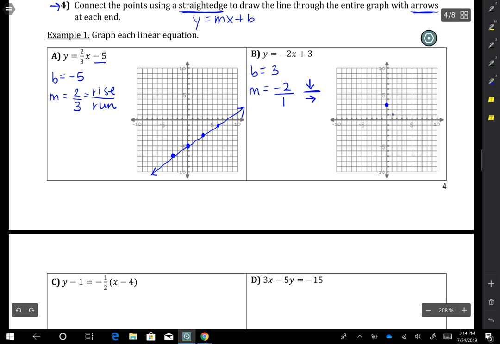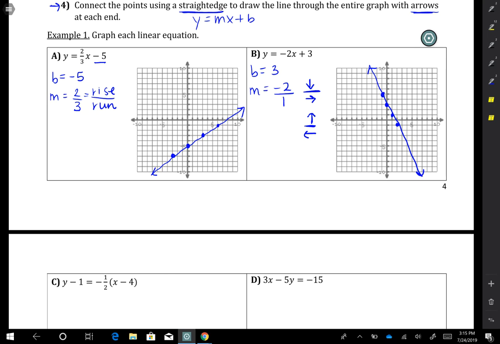So down 2, right 1. I could do that again. I could also reverse that and go up 2, left 1. So with a negative slope, one of your directions is positive, one is negative. Okay. And then we take our straight edge and we draw. Oh gosh, that was bad, but you get what I'm trying to do.